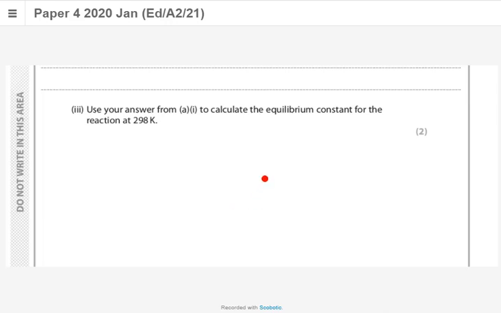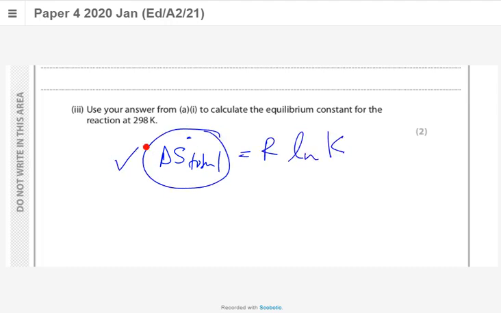Use the answer to A1 to calculate the equilibrium constant for the reaction at 298 Kelvin. What's the equation? Delta S total equals R ln K. Delta S total we found in the first question. R is 8.314, so you can find the K. Right?